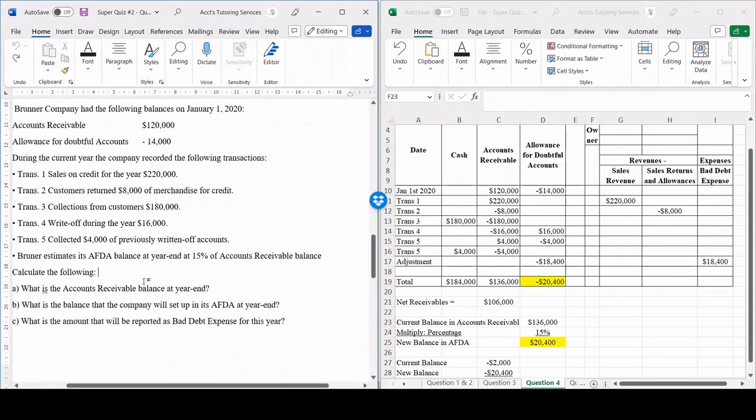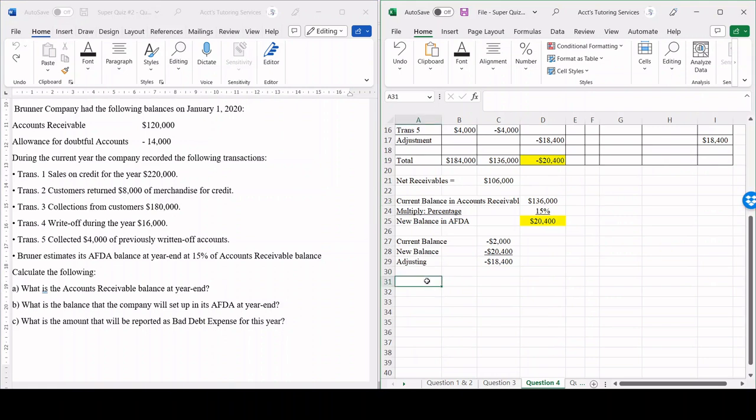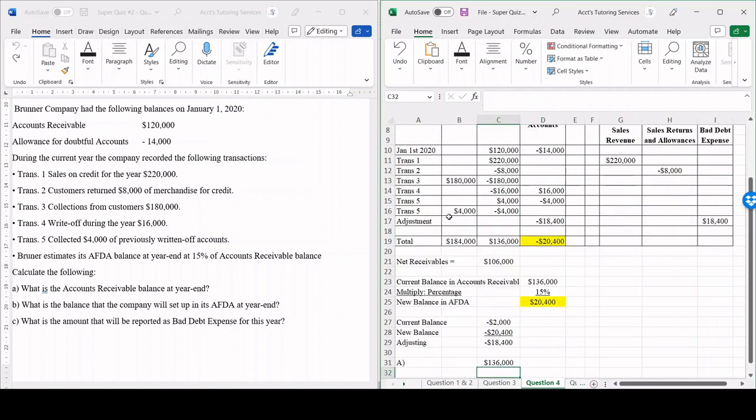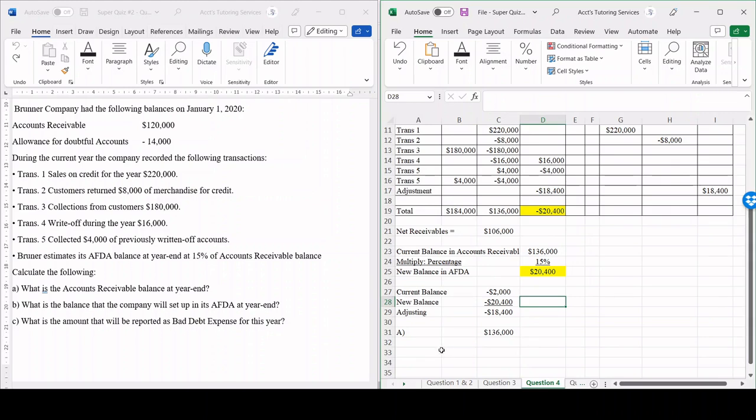What is the accounts receivable balance at year end? This we already know from our chart. This is simply going to be $136,000 right over here, right? What is the balance that the company will set up in its AFDA at year end? We already calculated this as well.